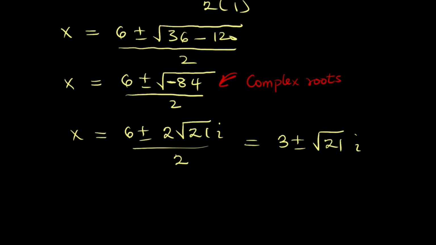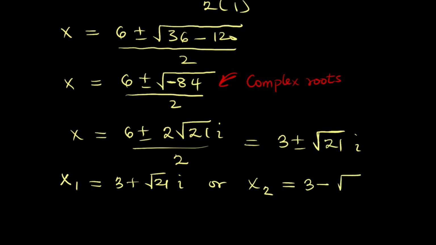Notice that the i is not under the radical. So if I split that into two separate answers, I'll say x1 is equal to 3 plus the square root of 21 i, or the second value, let's call it x2, that will be 3 minus root 21 i.